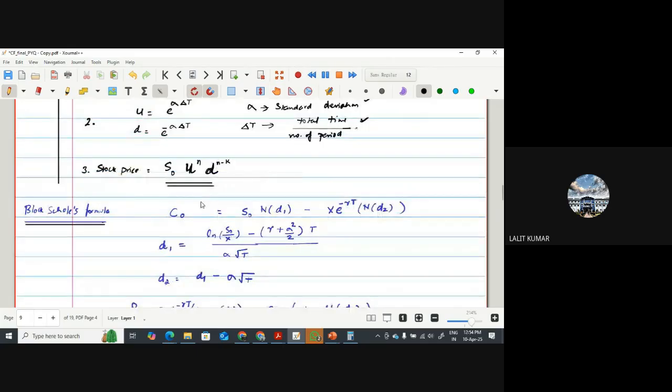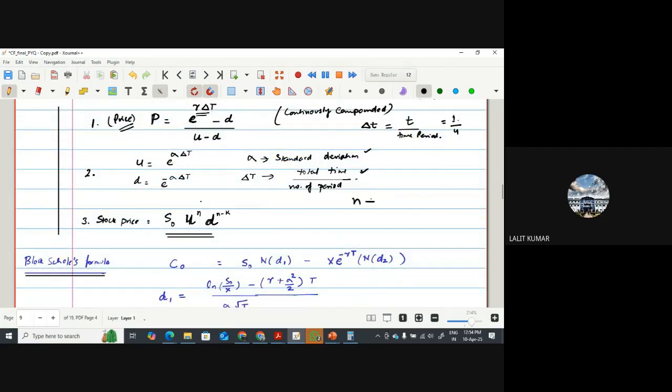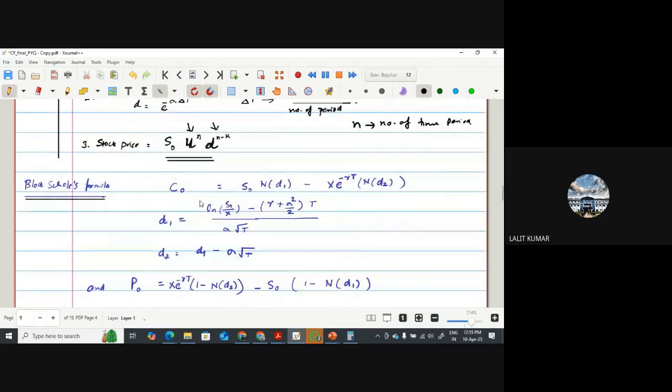N is the number of time periods. If you take this, it is nothing but the binomial formula.